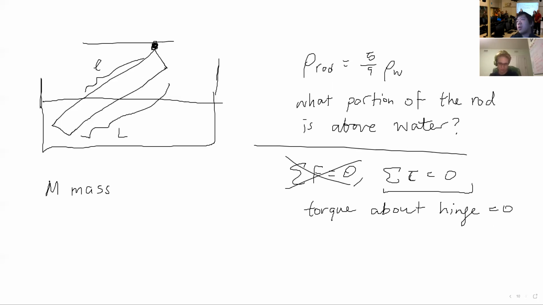All right. So firstly, we have to list out what forces there are in total. Disregarding what is happening at the hinge, what forces are acting on the rod? Buoyancy and gravity. Good. Okay.